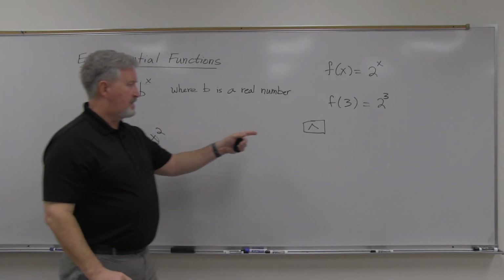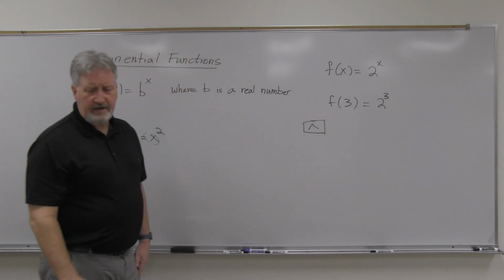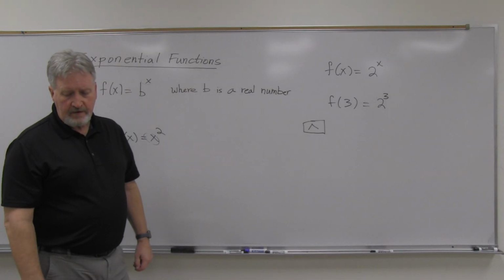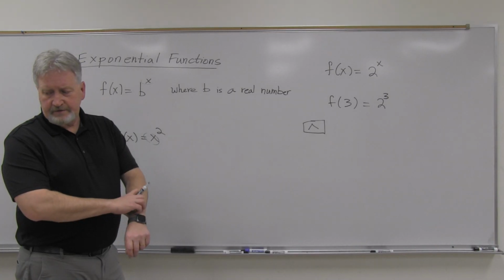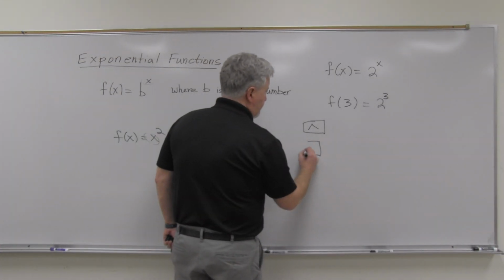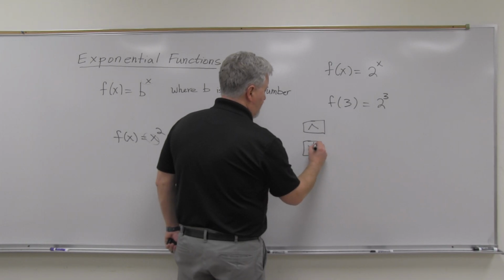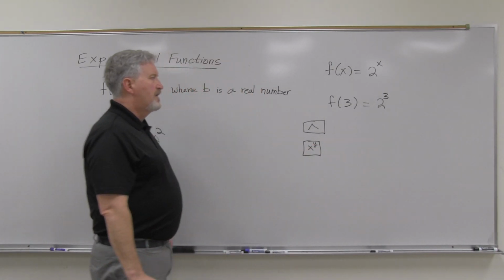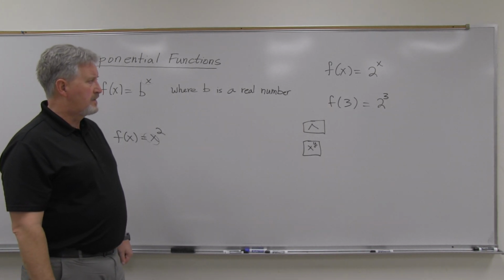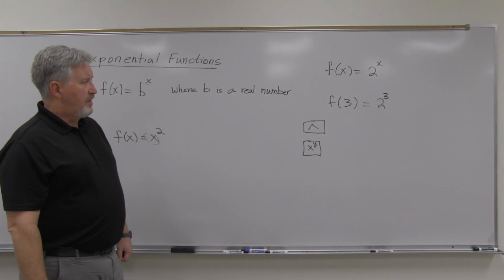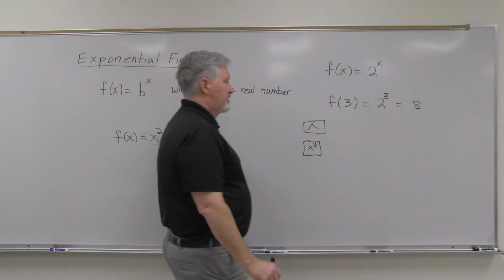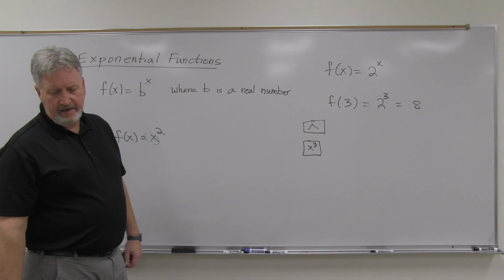Either that button, that's what it looks like on my calculator. There might be others that look something like x to the y, or y to the x button. So we're going to have to use that a lot in these problems. So anyway, put in 2 to the third power, you're going to get 8.